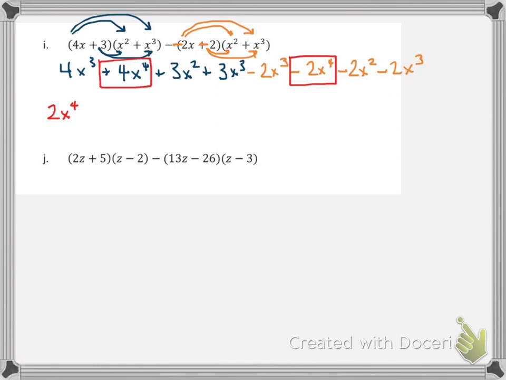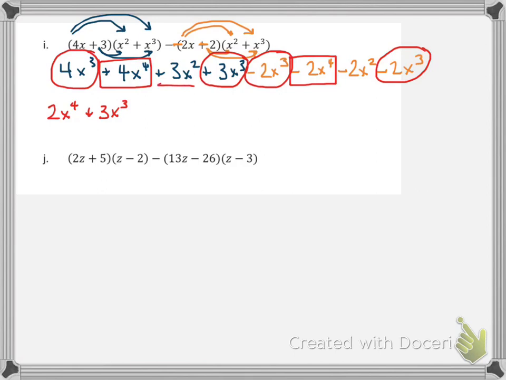I see a 4x to the third. I see 3x to the third. That's 7. Minus 2x to the third, that's back to 5x to the thirds. And then minus another 2x to the thirds, that's down to 3x to the third. So positive 3x to the thirds.